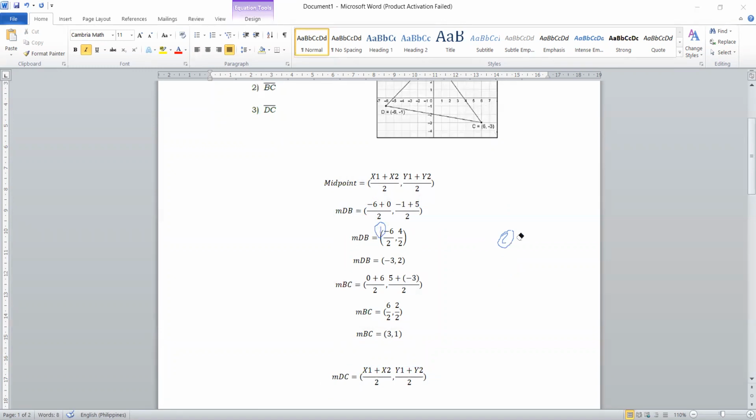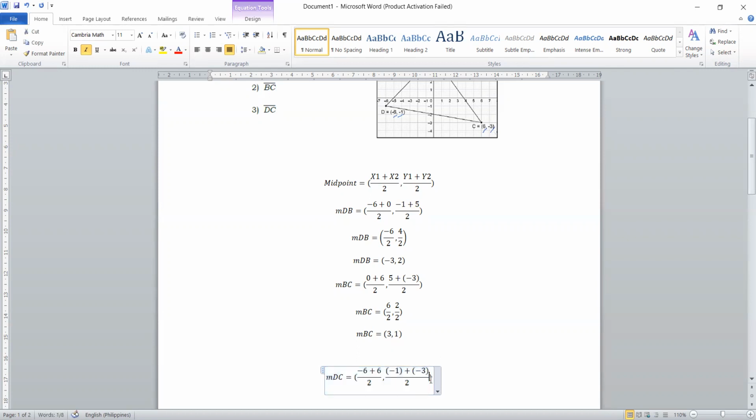So x1 is -6 and x2 is 6. So I'll have here -6 plus 6. And my y1 is -1. My y2 is -3. So that's -1 plus -3.